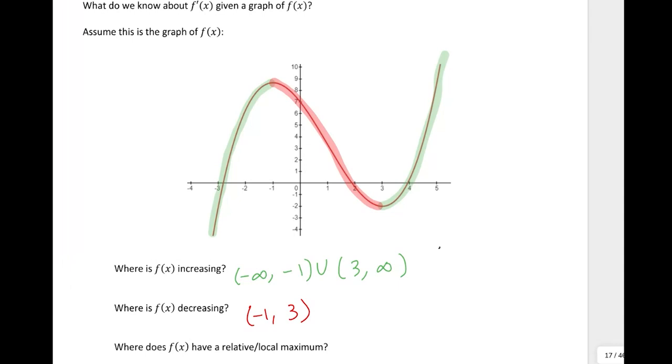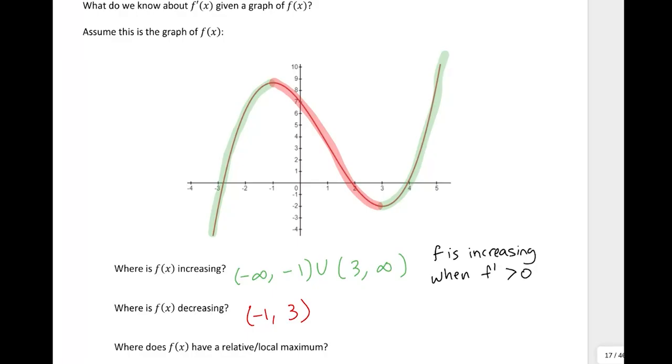So when f is increasing, f prime is positive. And that should kind of make sense because, after all, what is a derivative anyway? It's just the slope, right? So if the slope is positive of a function, then its derivative must be positive.